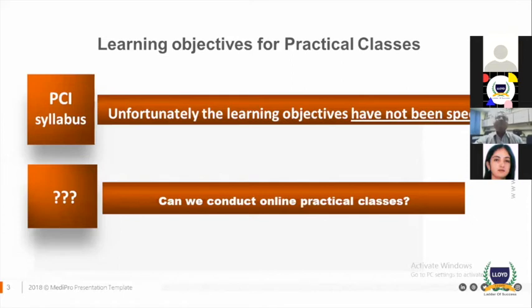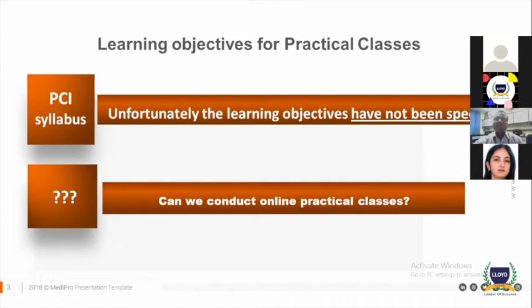But friends, in developed countries where online education has become a normal thing, and people look at learning objectives for practicals seriously, they have a very nice set of learning objectives, and they are sure what they are saying by a particular line in those objectives. As there was nothing available in the PCI syllabus, I tried to search for learning objectives for practical classes on the internet.